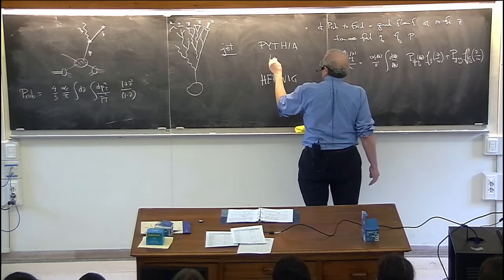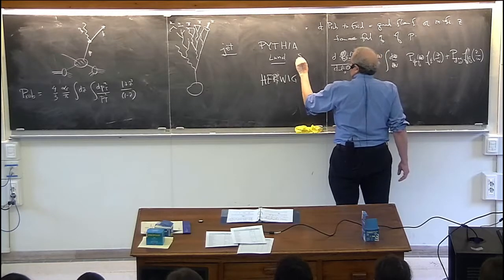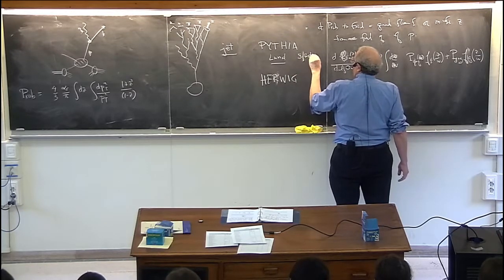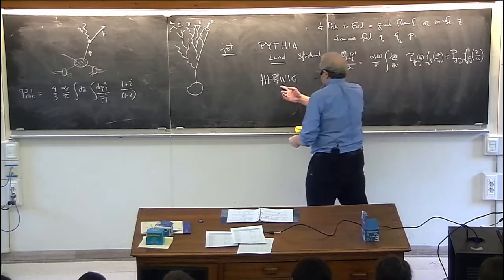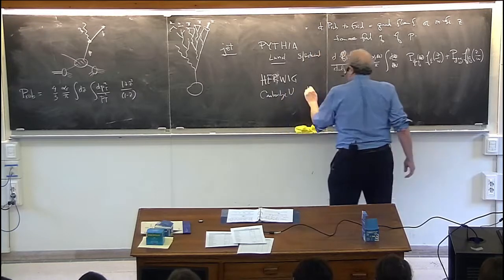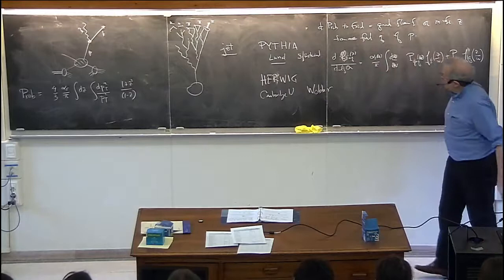Pythia is a product of the Lund University in Sweden. Torbjörn Sjöstrand is the leader of the group. And Herwig is a property of Cambridge University. And Brian Webber, I guess, is the longtime leader of that group.